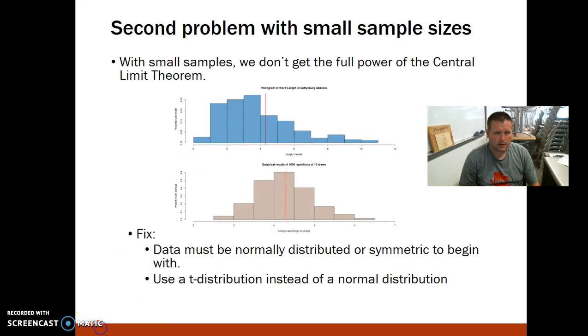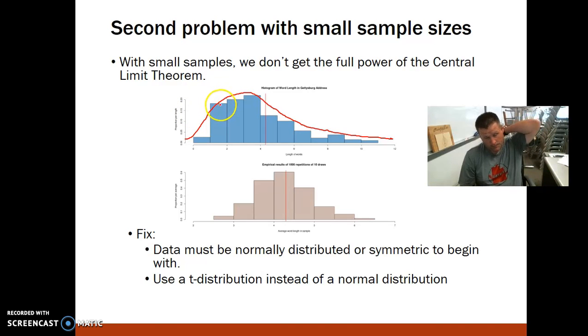The second problem we have with this is the sample sizes that we have are small, and so we don't really get the full power of the central limit theorem. If you guys remember, this first one is the histogram of the actual Gettysburg Address, and remember how skewed it was. But the way we accounted for that was by having multiple samples, multiple trials of that sample, and that helped us with what we call our central limit theorem.